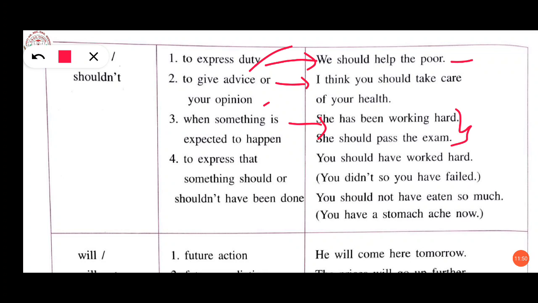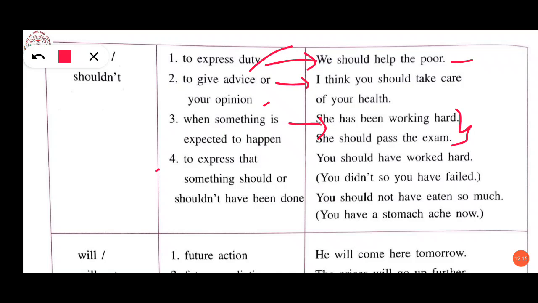This is one sentence for when something is expected to happen. It means we are expecting that the student is working very hard, and for sure she is going to pass the exam. We know that she has been working hard and she should pass the exam.